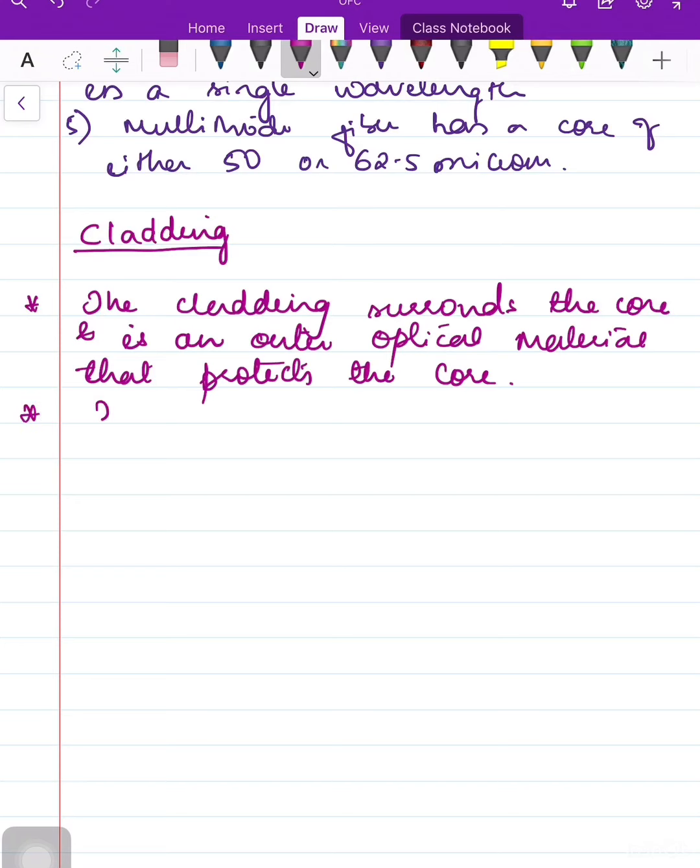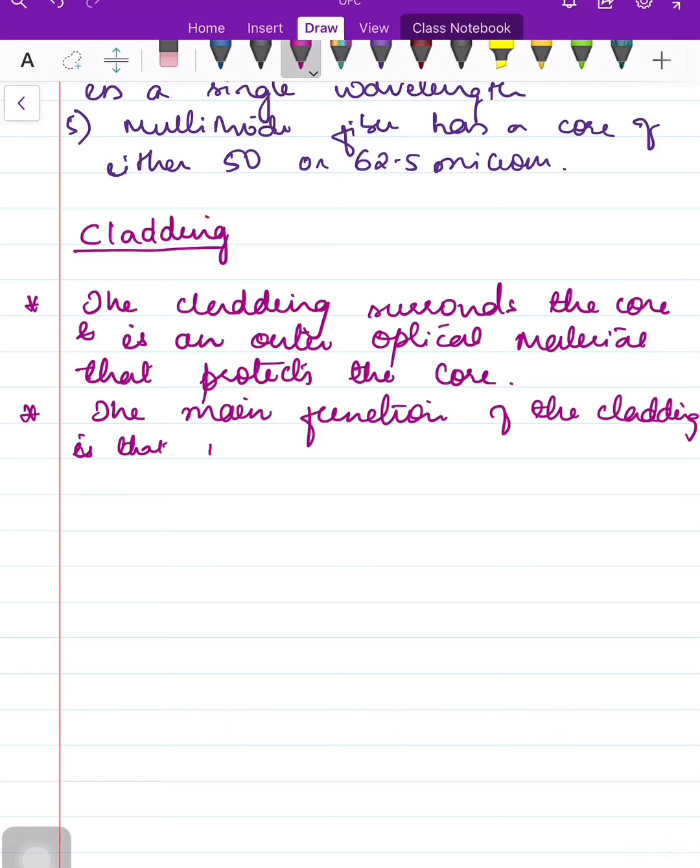So what is the main function? The main function of the cladding is that it reflects the light back into the core.